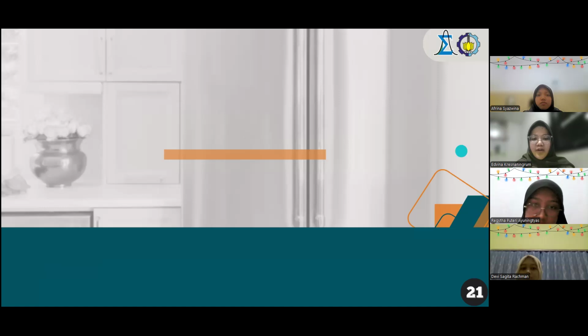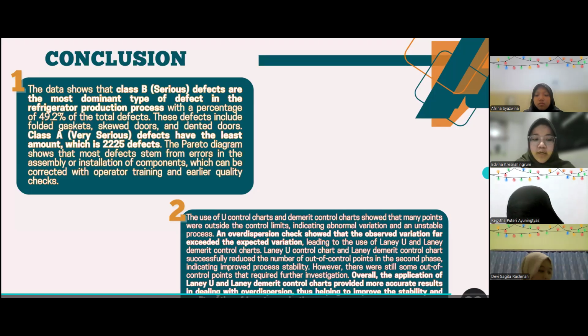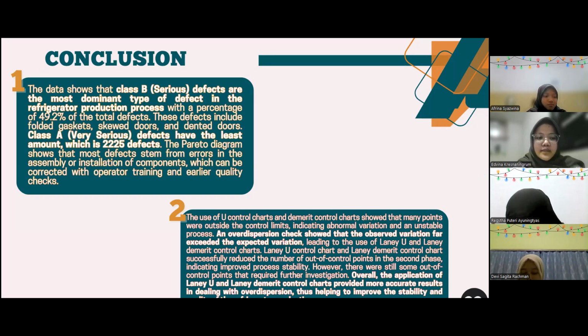Okay, based on the results of the analysis and discussion carried out in the previous chapter, using the U control chart, demerit control chart, Laney U, and Laney demerit, the following conclusions are obtained. First, the data shows that class B or serious defects are the most dominant type of defect in the refrigerator production process, with a percentage of 49.2% of the total defects.